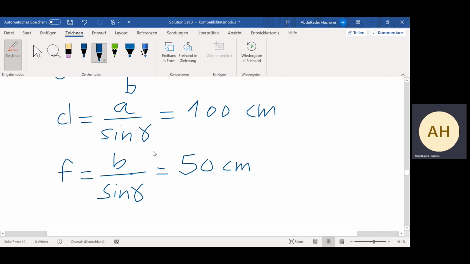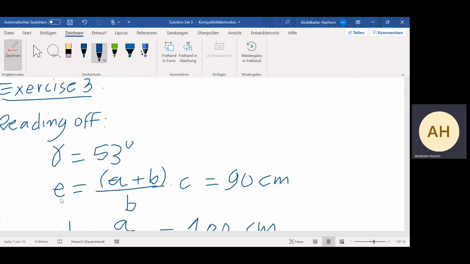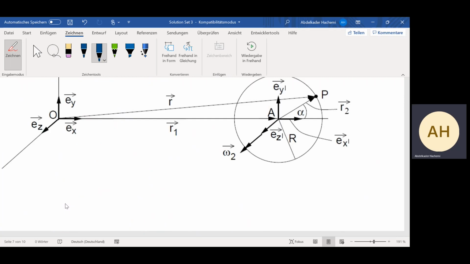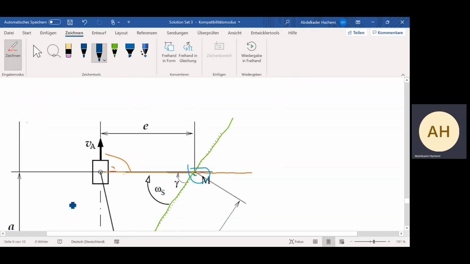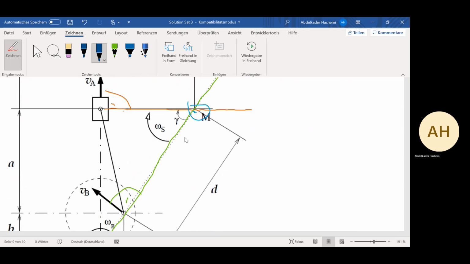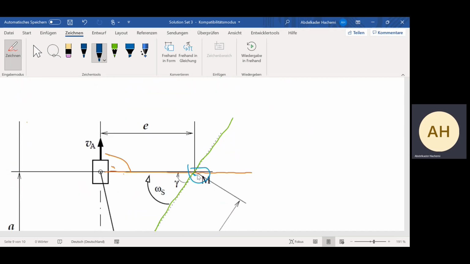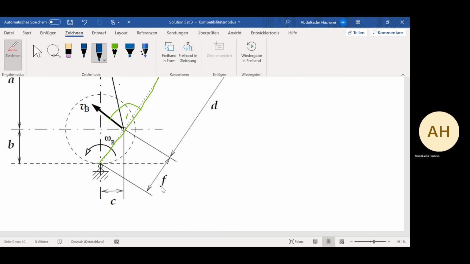Then we have from this the distances E, gamma, D, and F. Then we can know exactly where the instantaneous center of rotation is. We have D, we have E, we have gamma, and we have this distance F.